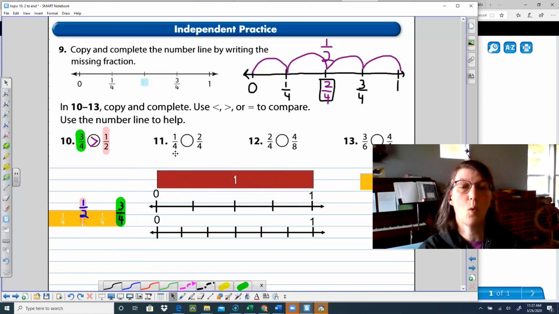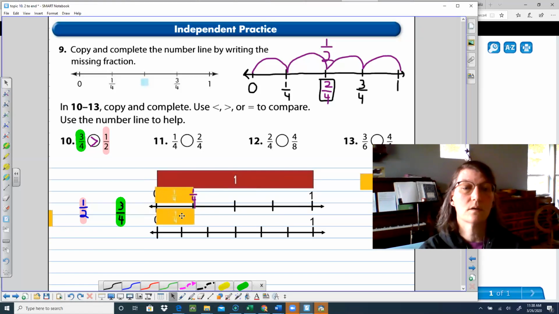Now I am comparing 1/4 and 2/4. So I'm comparing 1/4, and I'm going to label that 1/4. And I am comparing it to 2/4, which we did just a moment ago.